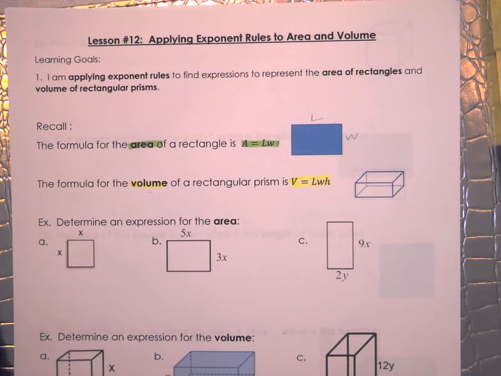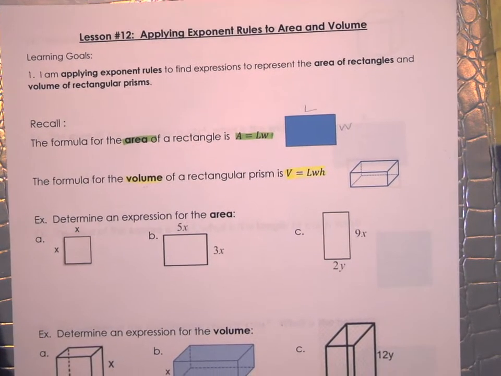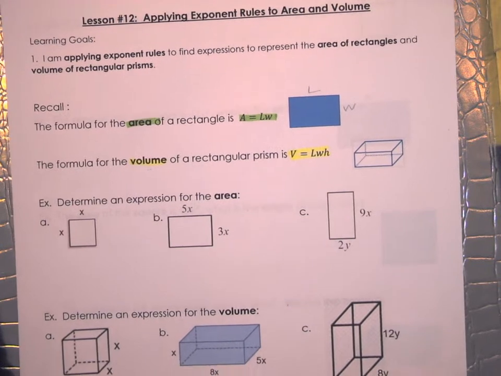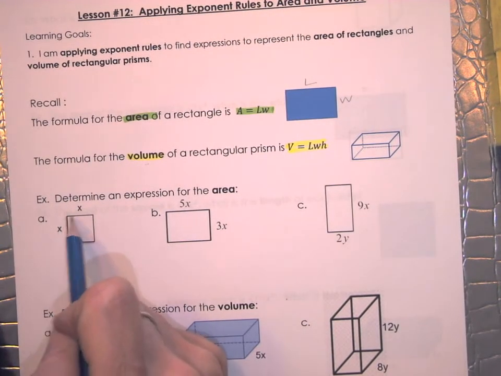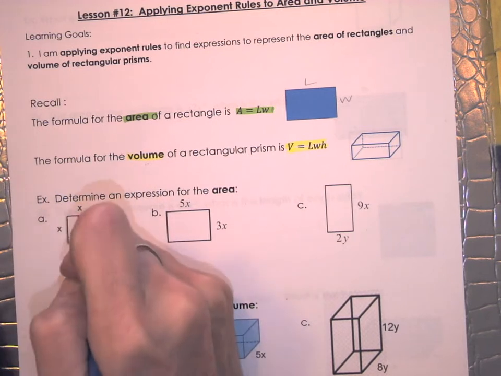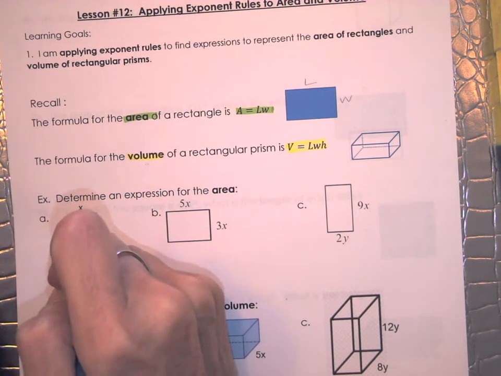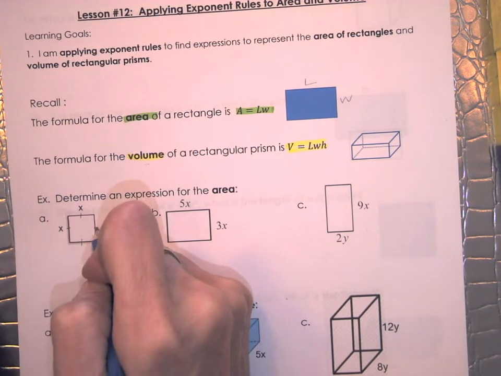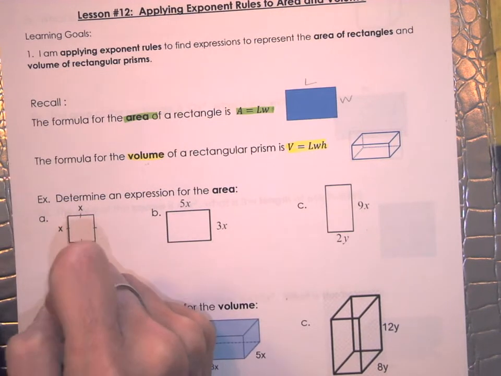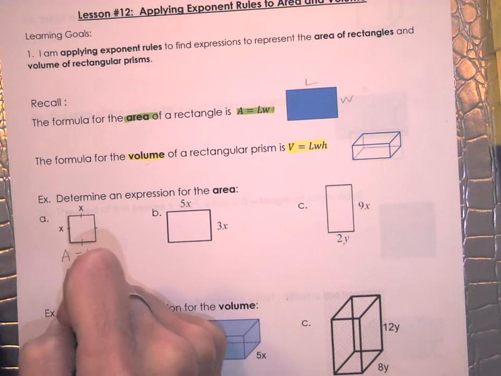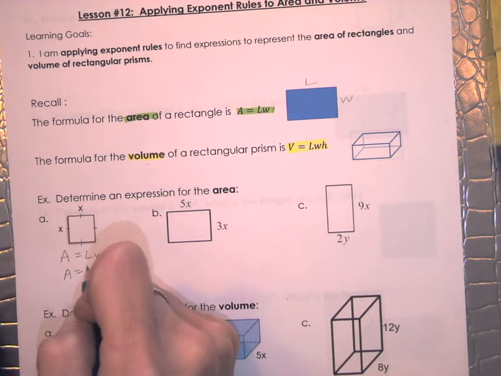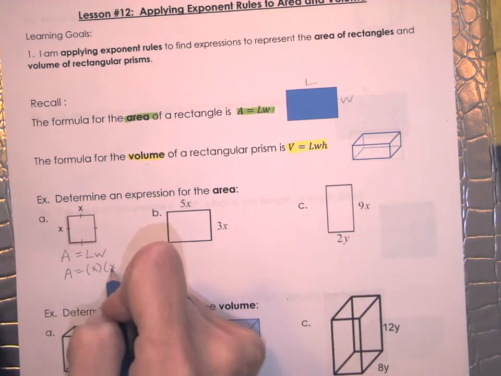So keeping those formulas in mind, our first example says determine an expression for the area, where this is a square we can see because both sides are the same length, which means all four sides are the same length. If we use the area as the length times the width, if that length is x, our width is also x.